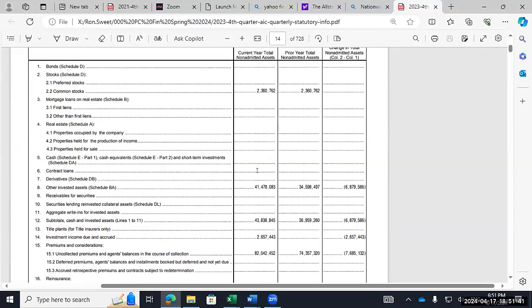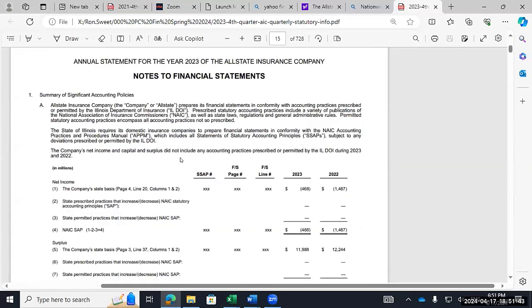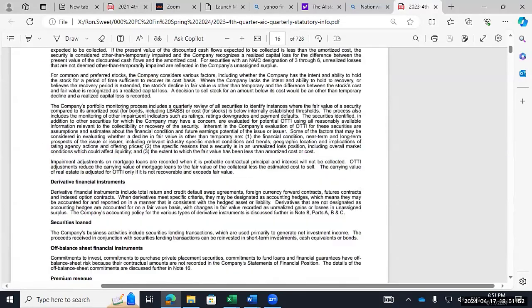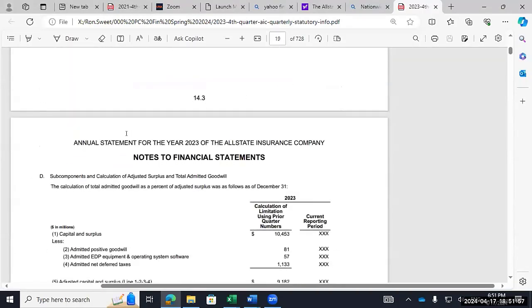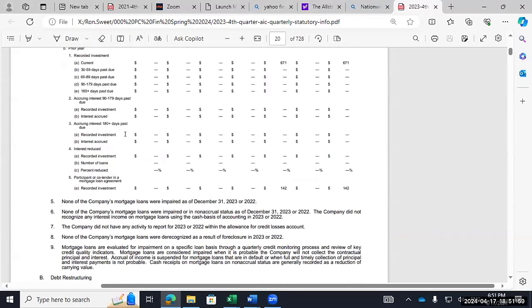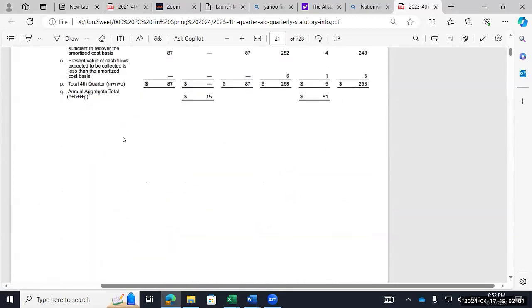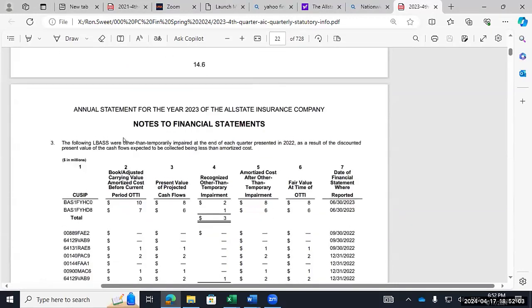Here's the non-admitted assets, where you can get the detail for some reason. And then I'm going to skip through here, but just look at this. I've never read this stuff, but there are the notes to the financials. Look at all this detail. Someone must be reading this, right? Don't you think?